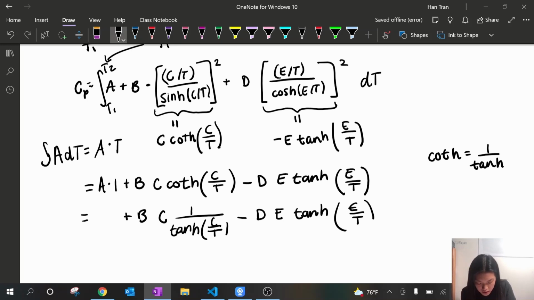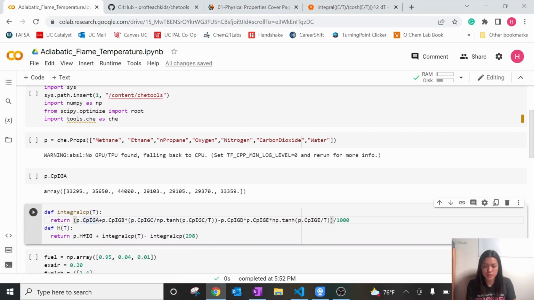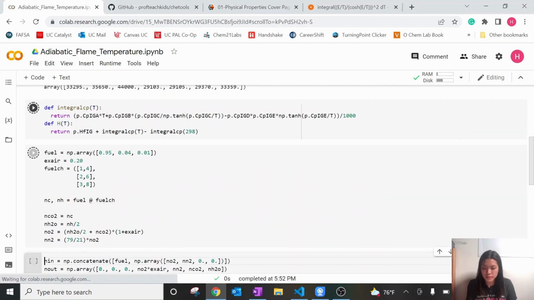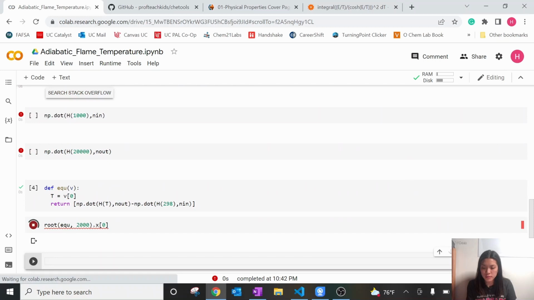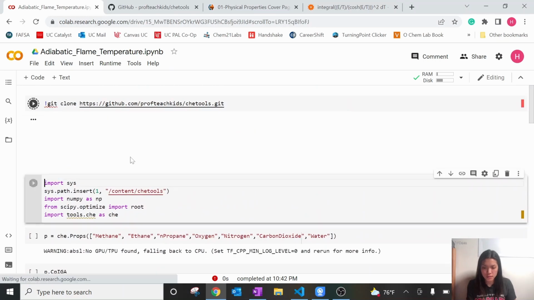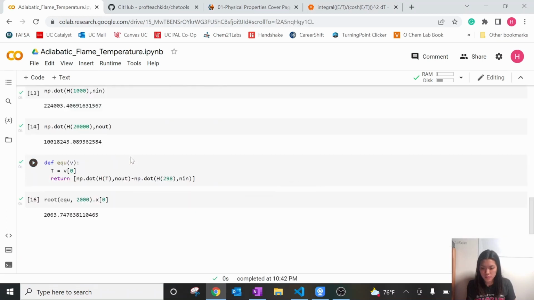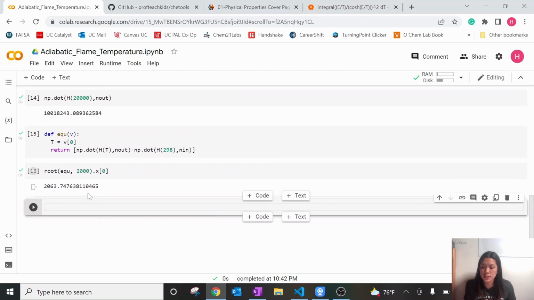So adding that into our equation, and then adding that into our code, that will give us the correct final temperature of the flame.